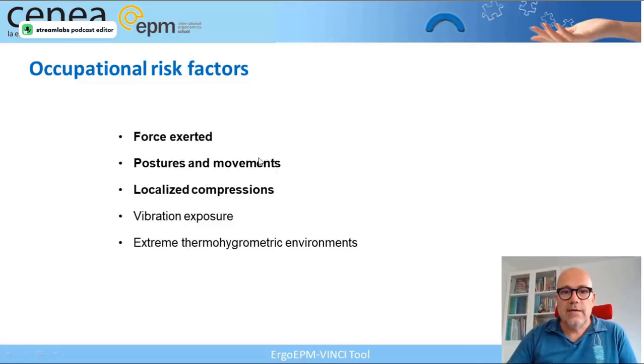Force exerted. Postures and movements that are carried out with each body segment with localized pressures. And although to a lesser extent, exposure to vibrations and thermohygrometric environments. The extremes.